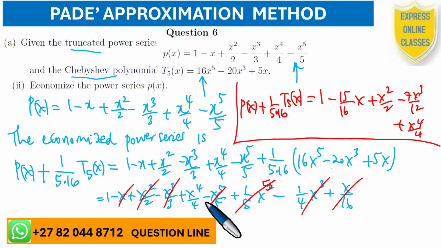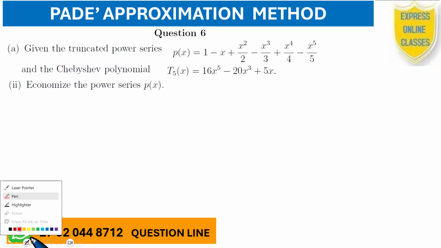Okay, so this is exactly the thing. Yeah, so that is what we have. So we continue. Which means that at this point, the economized power series becomes the following. Let's write it clearly here.